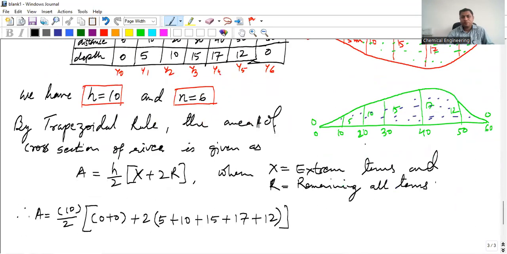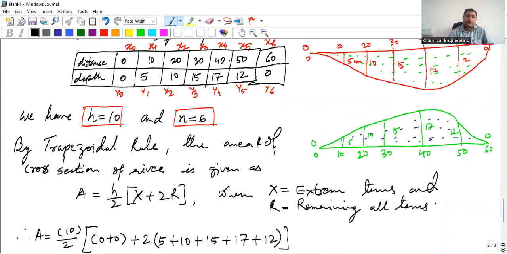The end terms are 0 because the depth at the bank of the river is 0.